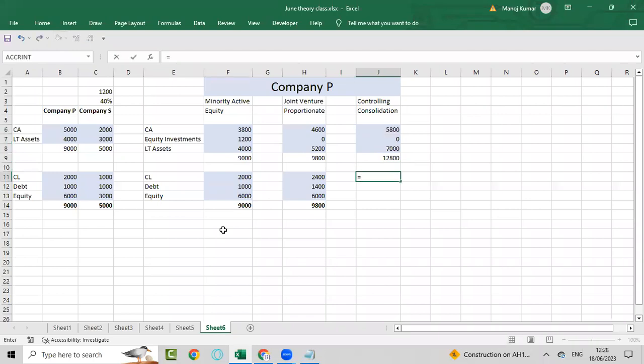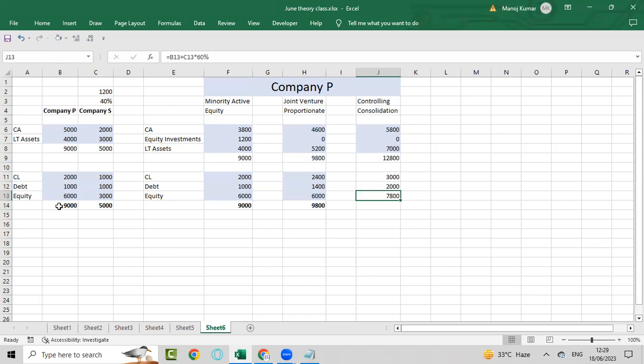Now here, all my current liability and all the company S liability, because that is a subsidiary in this case. Here also I will do the total, but this time I will not take all the 3,000. I will take 60% of it because 40% is already added here. So into 60%. Right?